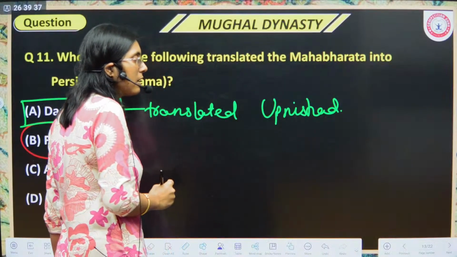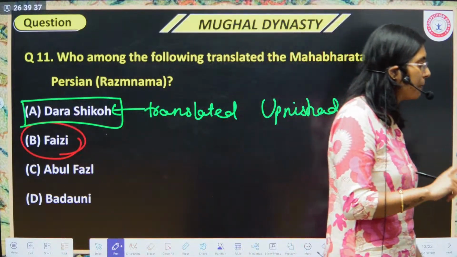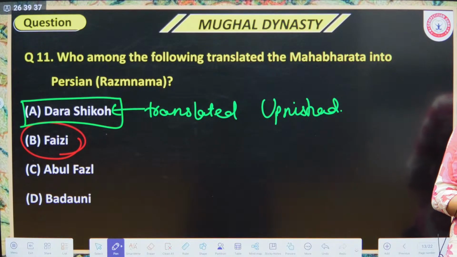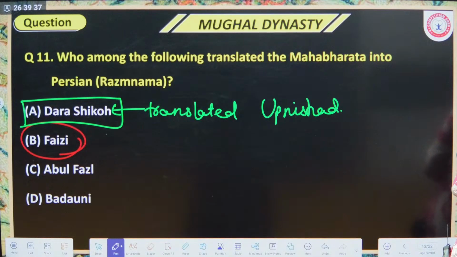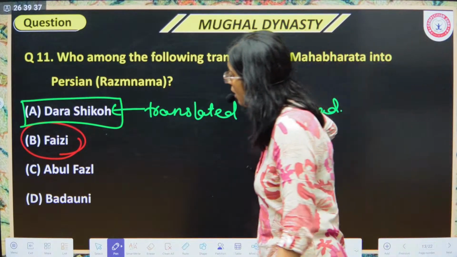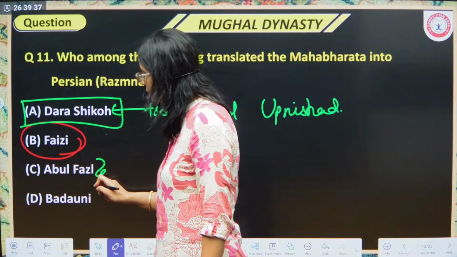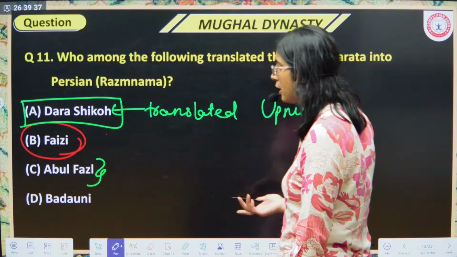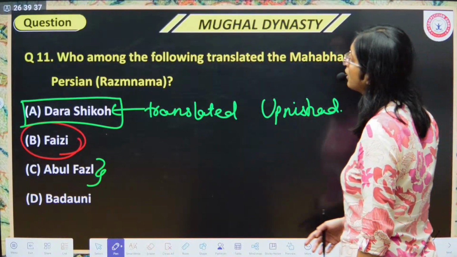Right, Dara Shikoh translated the Upanishads into the Persian language. Abul Fazl always monitored, or was the superintendent of, the translation. Badayuni, you know, was the critic.